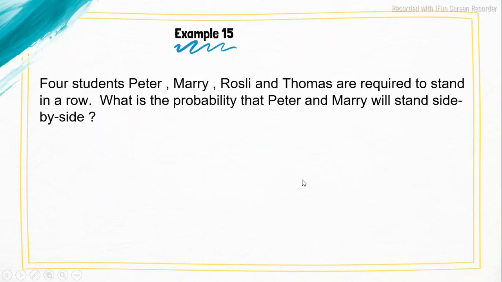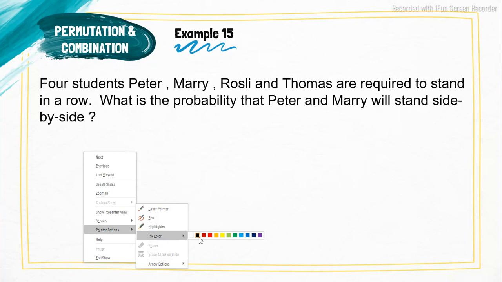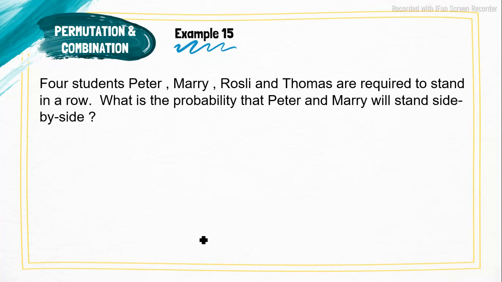Alright, so kita akan teruskan dengan method yang terakhir which is by using permutation and combination. Permutation and combination example 15. Okay, alright, four students, Peter, Mary, Rosalie and Thomas are required to stand in a row. What is the probability that Peter and Mary will stand side by side? Okay, so sebelum tu kita recall balik lah what you have learned in previous chapter.